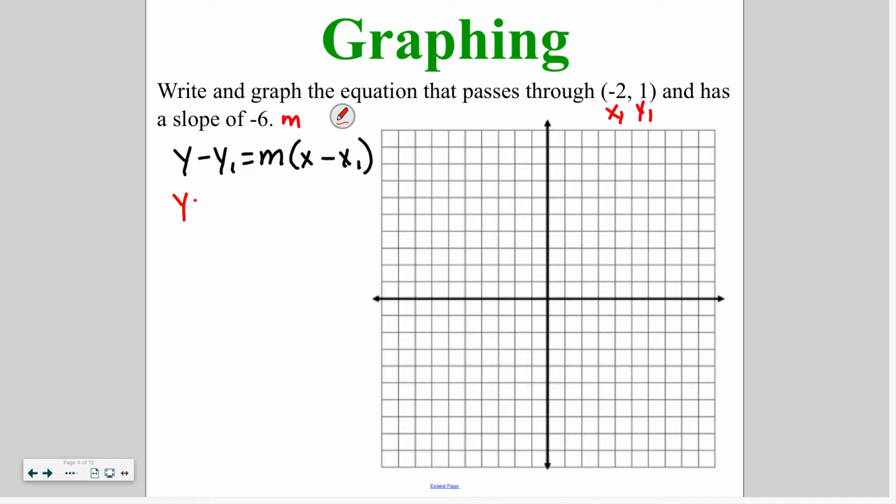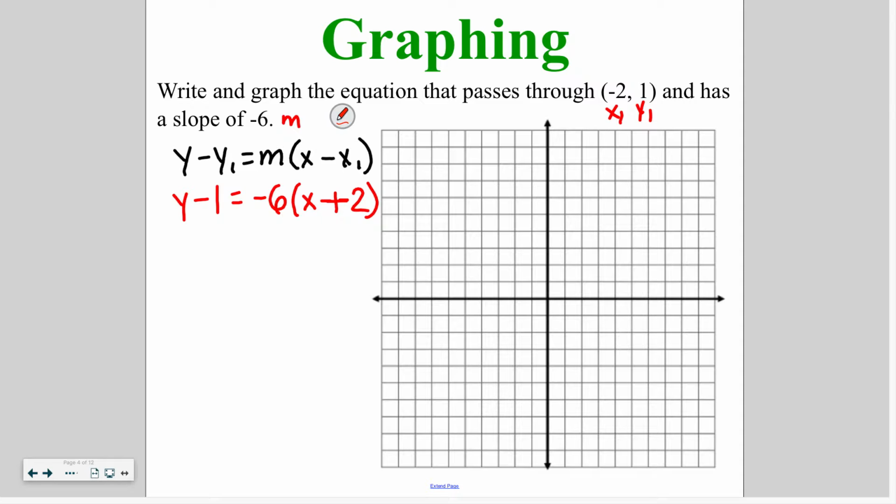So y minus 1, because 1 is my y1 value, is equal to m, which is negative 6, parentheses x minus negative 2, which gives us our point from our x1 value. Minus a negative turns into a positive. So our equation is y minus 1 is equal to negative 6, parentheses x plus 2. So that is our equation portion.